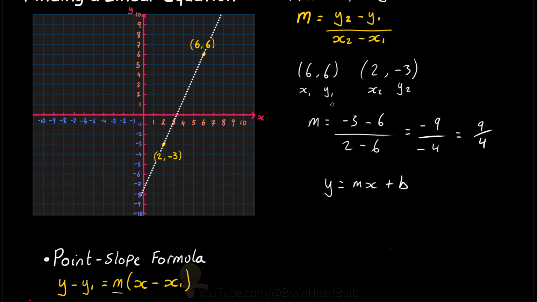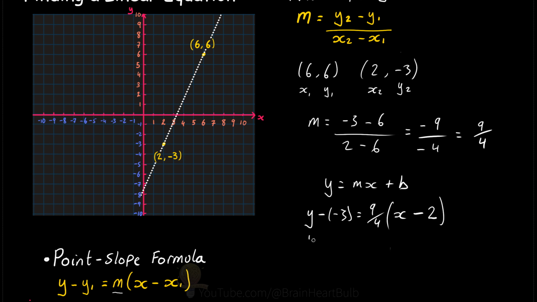So initially, our x1 and y1 was this point up here, but we can quite easily choose this point's coordinates as our y1 and x1. So we have y minus y1, which is -3, is equal to our gradient, which is 9/4, multiplied by x minus x1, which is 2.